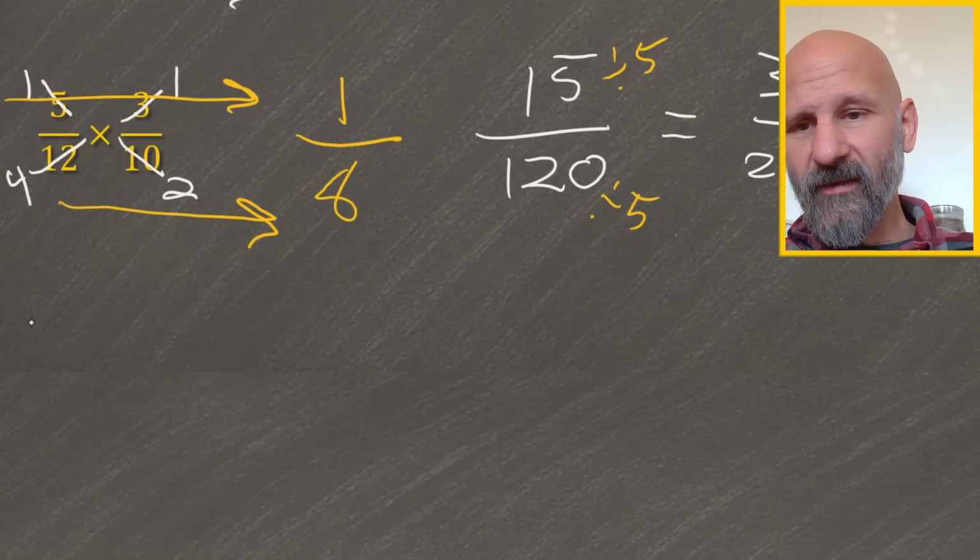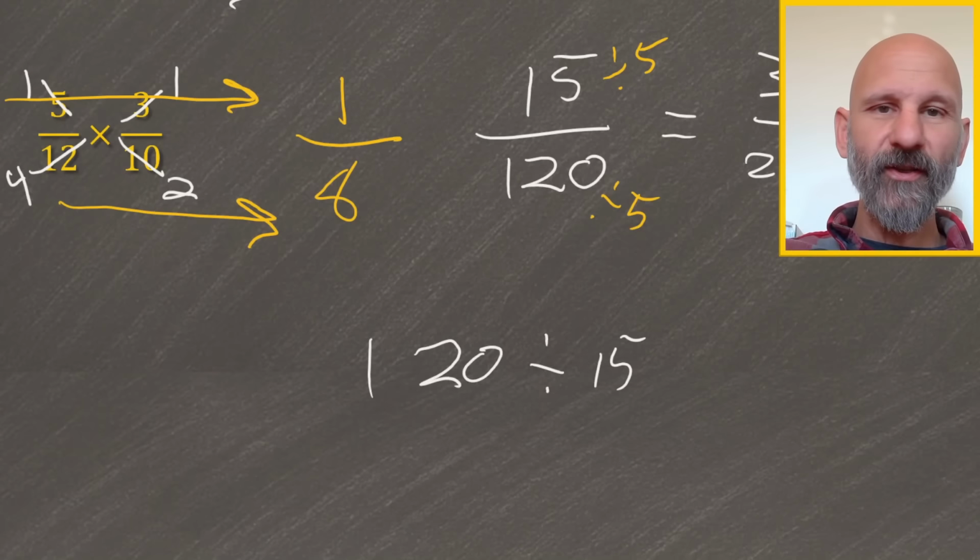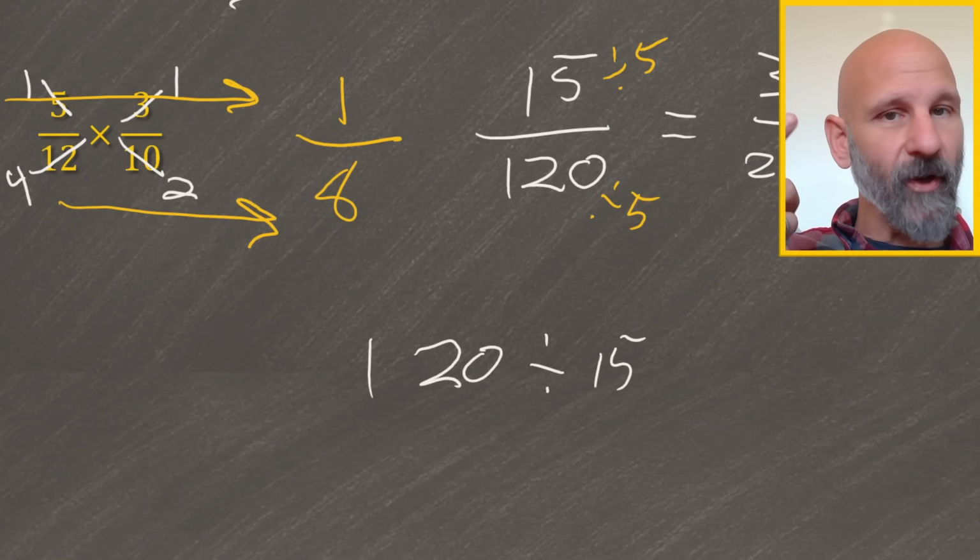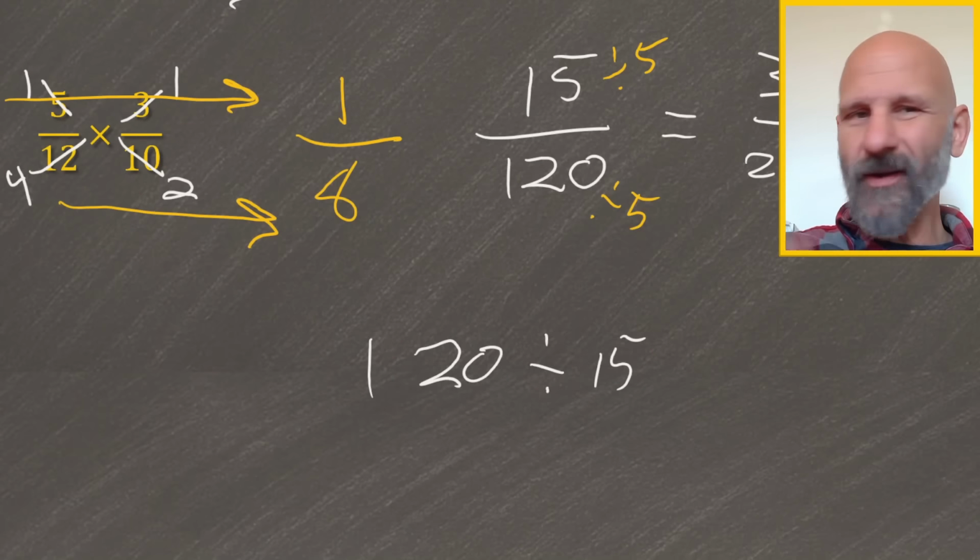So with the 15s, kind of the hack that I do is, I'm trying to look at 120 divided by 15. I don't really do 15s. I double it. I do 30s. Because 30s are like 3s with a 0 on the end. So instead of 3, 6, 9, I'm thinking 30, 60, 90, 120.